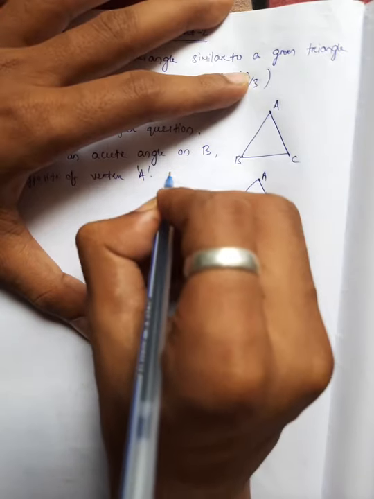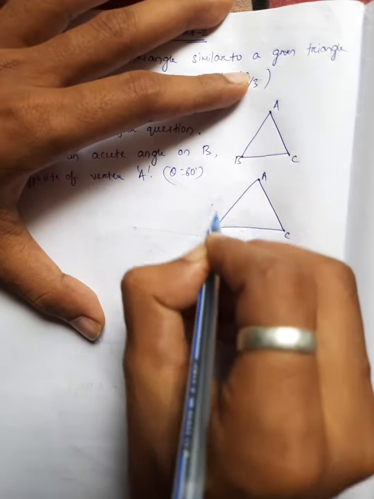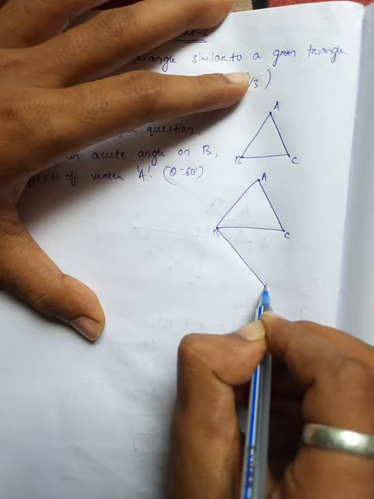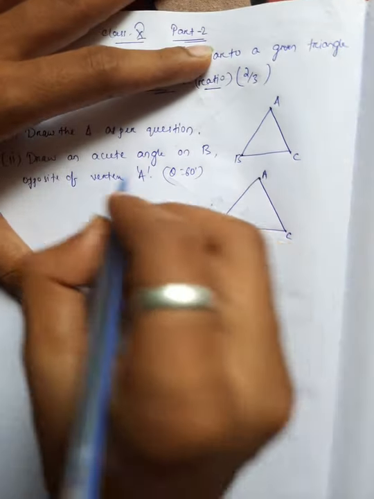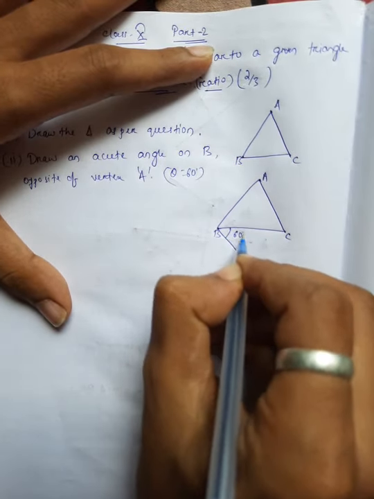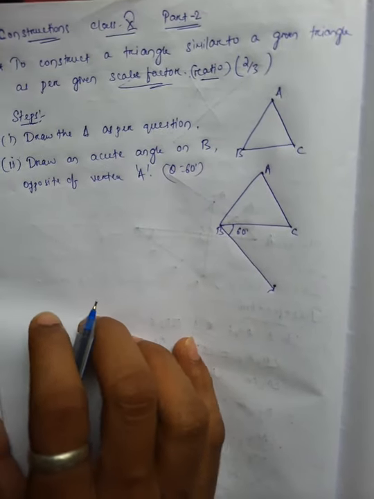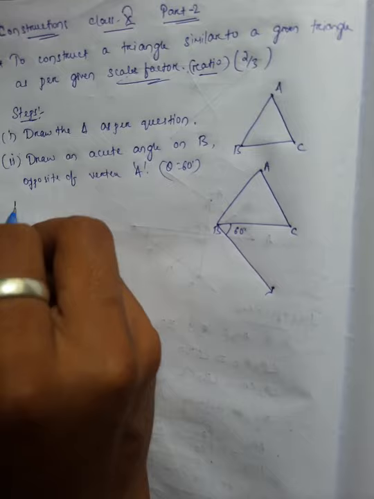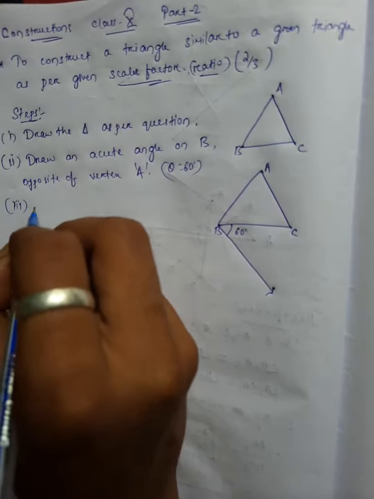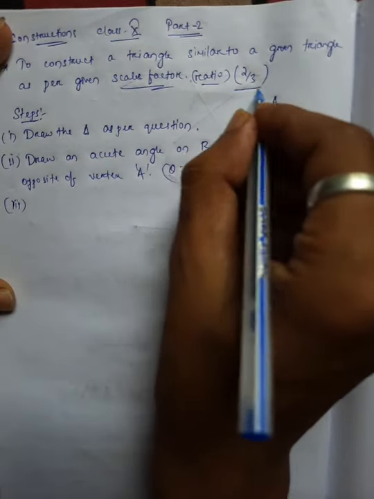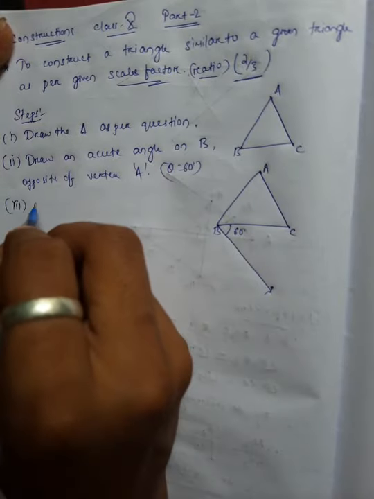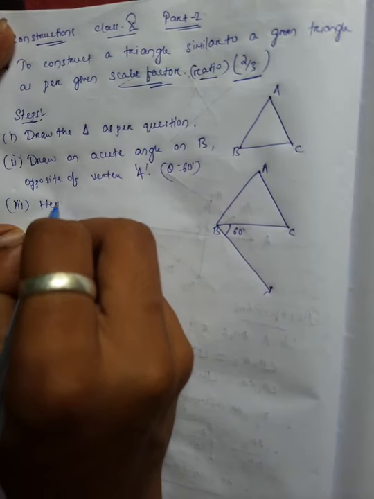Let it be 60 degrees, and extend it. Okay, I will draw at an angle of 60 degrees. Right. So now third step. Here we have to use the ratio 2 by 3. Therefore the larger is 3 here.